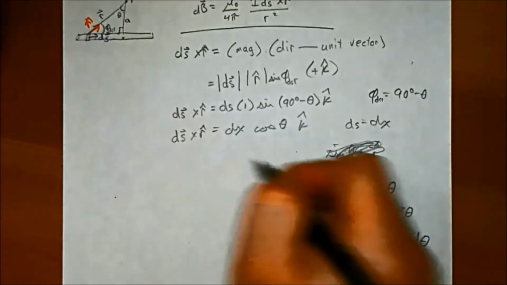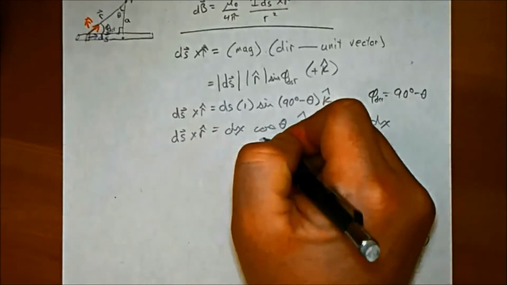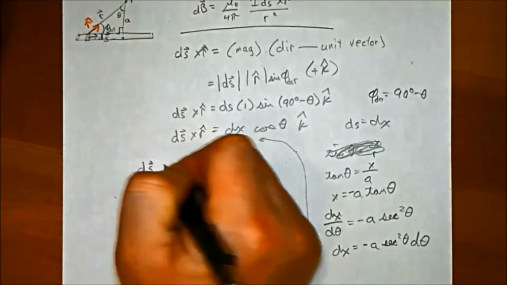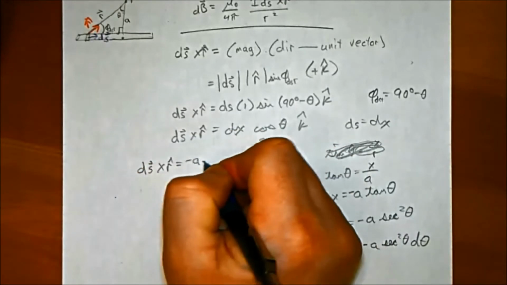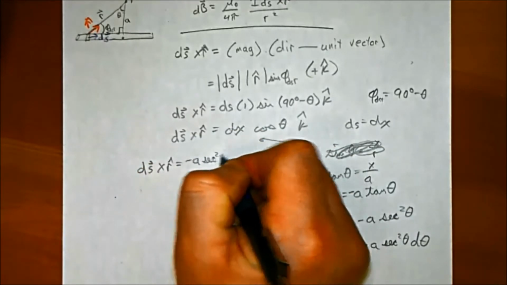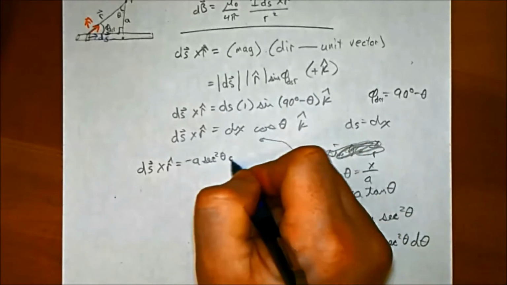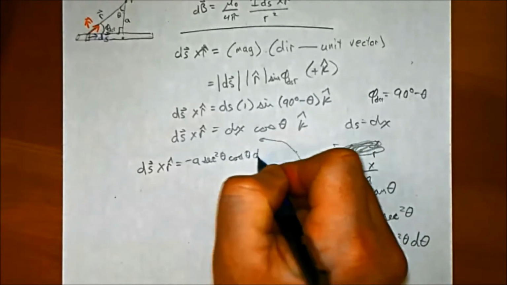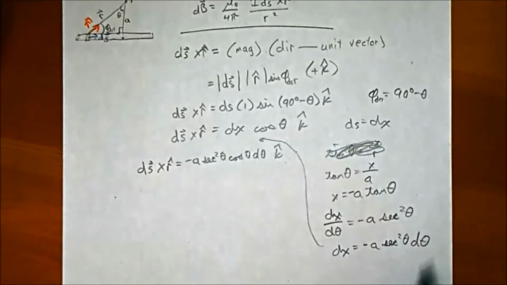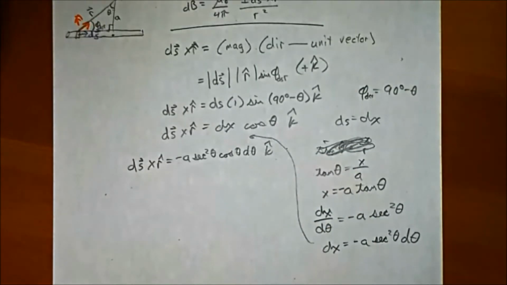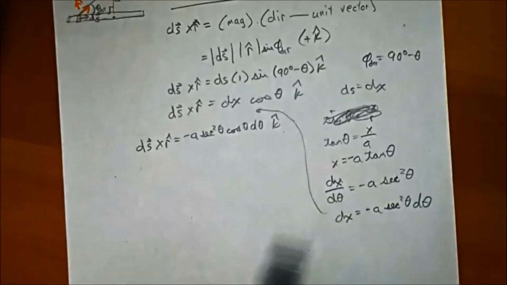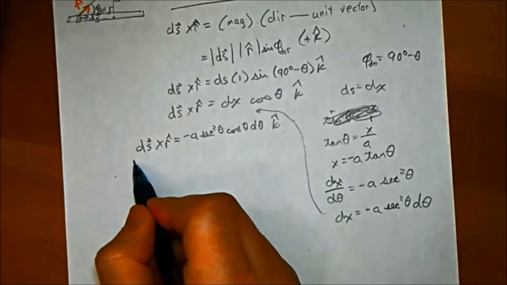So let me go back to this expression and say ds cross r hat equals negative a secant squared theta cosine theta d theta r hat. I just moved the d theta to the outside. Okay. So I think we're pretty good on this part of Biot-Savart's law.